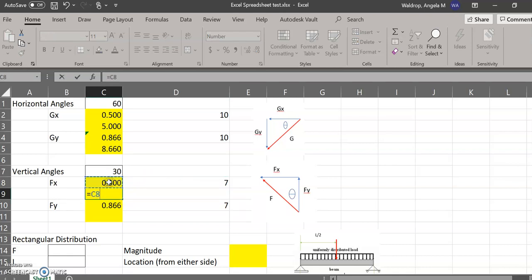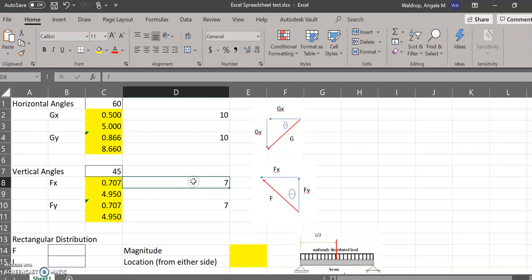Equals the trig function times the value, equals the trig function times the value. And that gives us exactly what we need. Okay, that way if I change my angles 45, it'll automatically update everything. And you can see that that spreadsheet works very nicely.